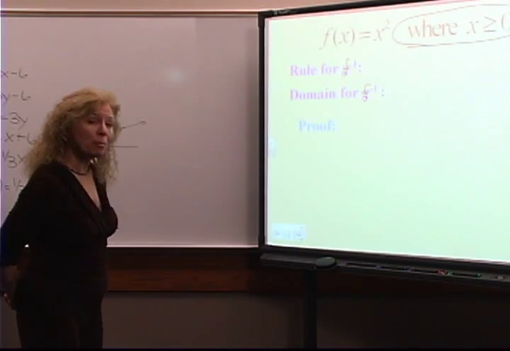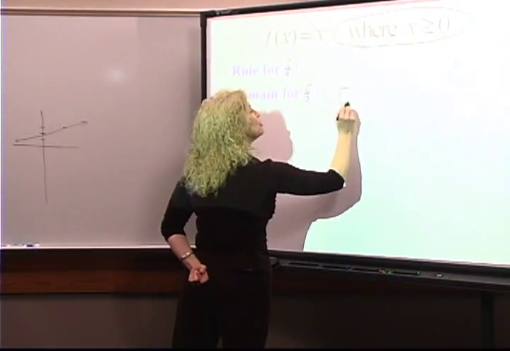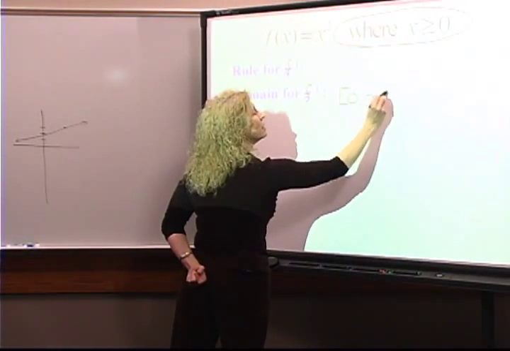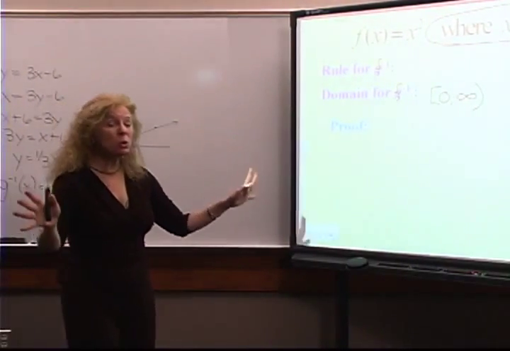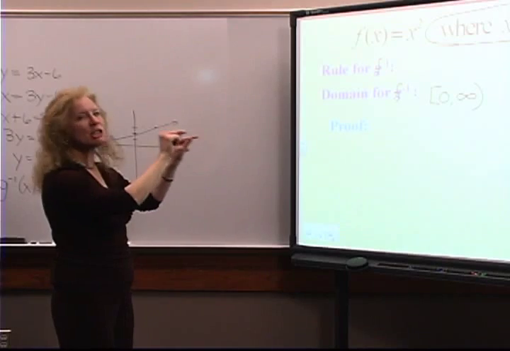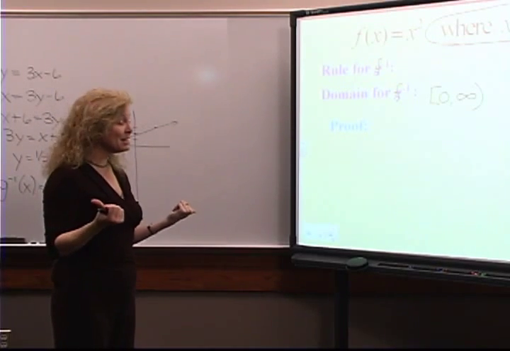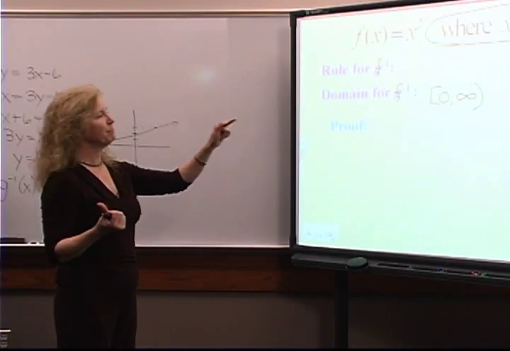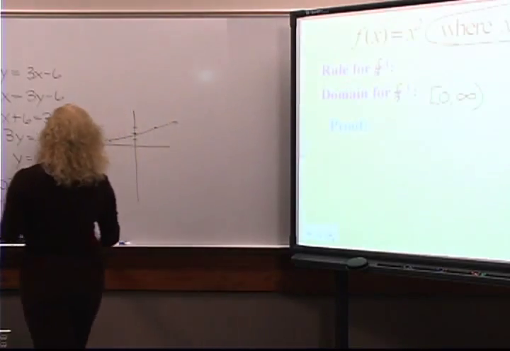That would be the domain of the inverse. So in interval notation, it will be that. Okay? No matter what rule I get, that is the domain. And maybe it works great with the rule and maybe it doesn't, but that doesn't matter. That is the domain. Now, to get the rule, that takes just a little bit of algebra.